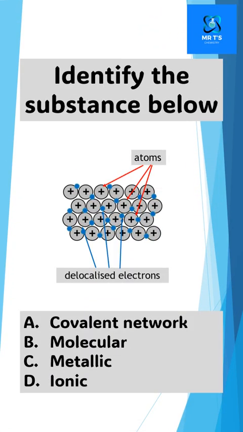Okay, let's identify this substance below. This substance is made up of a regular lattice here of atoms and delocalized electrons. Is this a covalent network, molecular solid, a metallic substance, or an ionic substance?